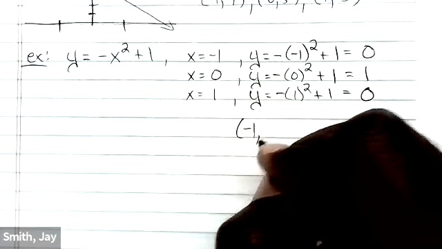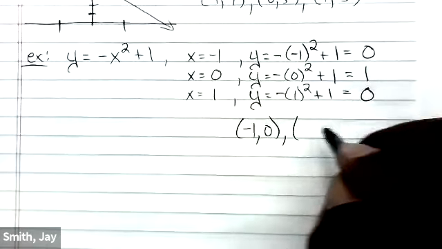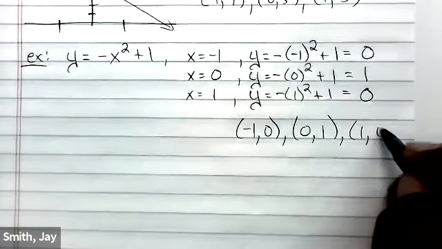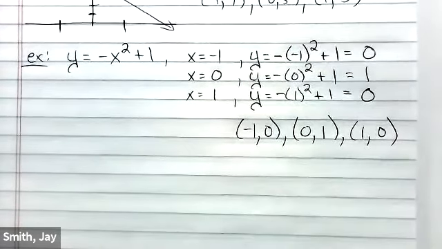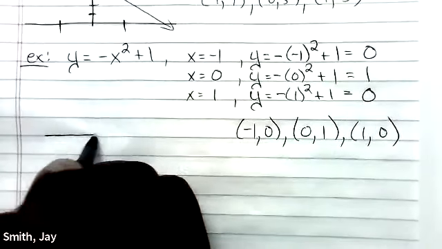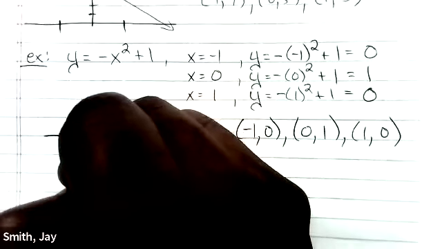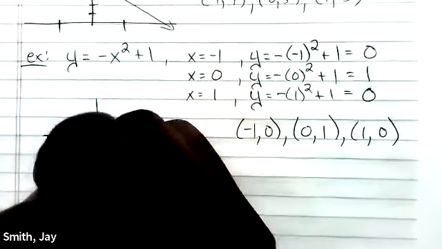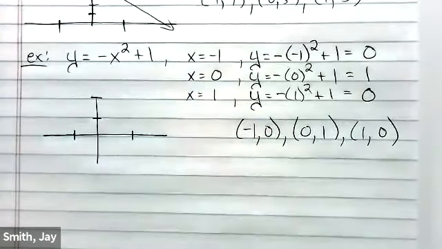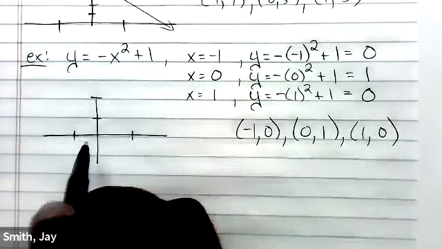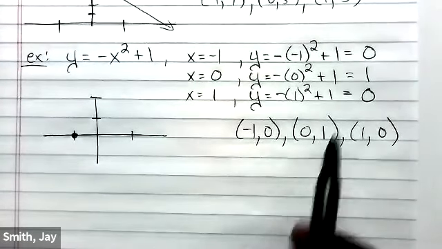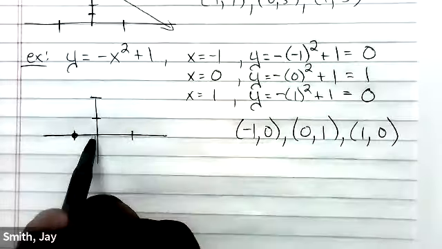-1, 0. 0, 1. And 1, 0. All right, so our first point, -1, 0, is going to go to the left 1, and that point is going to be right on the x-axis. 0, 1: go to the left or right, none, up 1.